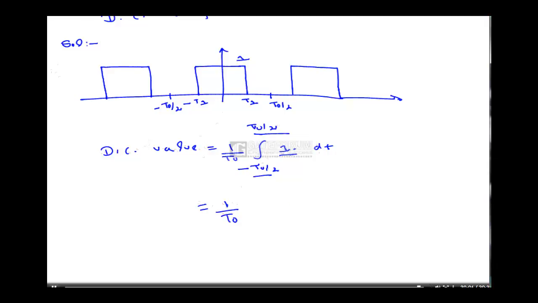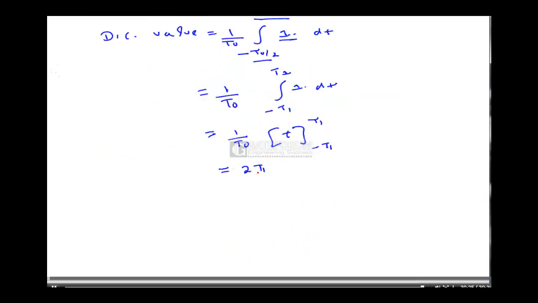So I can write 1 by T0 integral from minus T1 to plus T1 of 1 dt. This value will be 1 by T0 times T1 minus minus T1, which is equal to 2T1 upon T0. So this is the solution of this problem.